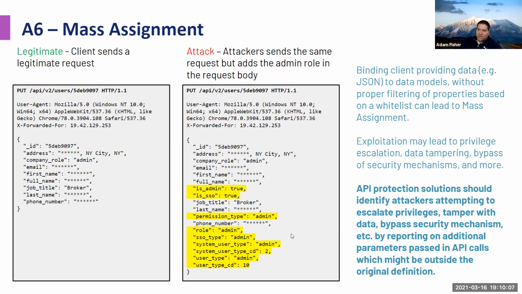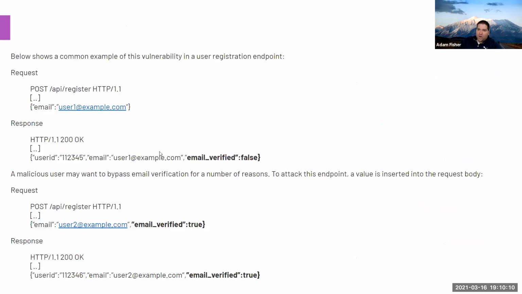So let's take a look at one of the examples that I had, which was interesting. Here we have a request to a new user registration endpoint. It asks for the email. So I type in my email, I hit enter, and the application is going to send me an email, we all get them, to this address to complete my registration, to basically activate my account.